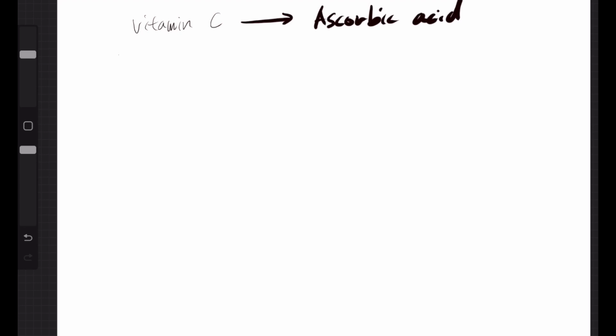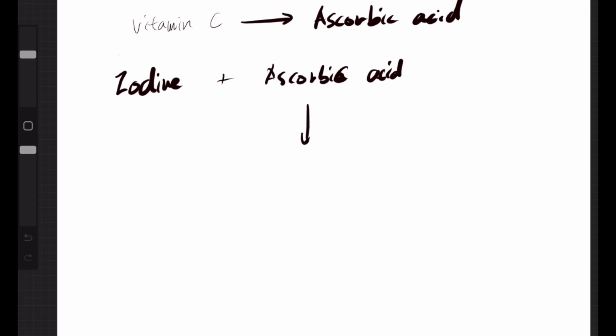So as the iodine solution is put in during the titration, ascorbic acid reacts with it and gets oxidized to dehydroascorbic acid.